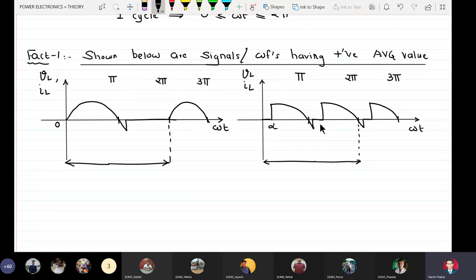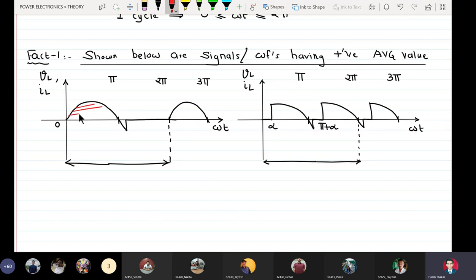Okay, this is alpha, pi plus alpha and 2 pi. The first waveform for VL or IL is an example where there is as such no output in the negative half cycle, that is pi to 2 pi, but there is some negative portion which goes beyond pi. But if we see over one cycle from 0 to 2 pi, the resultant of the area is actually positive. So although in figure number 1 the waveform is going below the x-axis, the value of average content is positive.